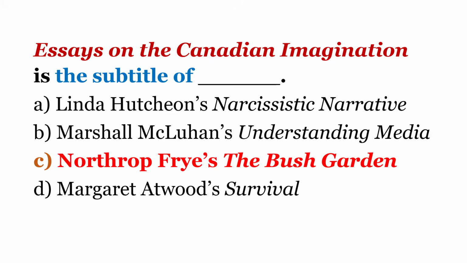Then we have Linda Hutcheon, who coined the term historiographic metafiction. Even the title itself refers to metafiction, Narcissistic Narrative. Then you have Marshall McLuhan's Understanding Media, in which he talks about the medium is the message or global village. These are the concepts by Marshall McLuhan.